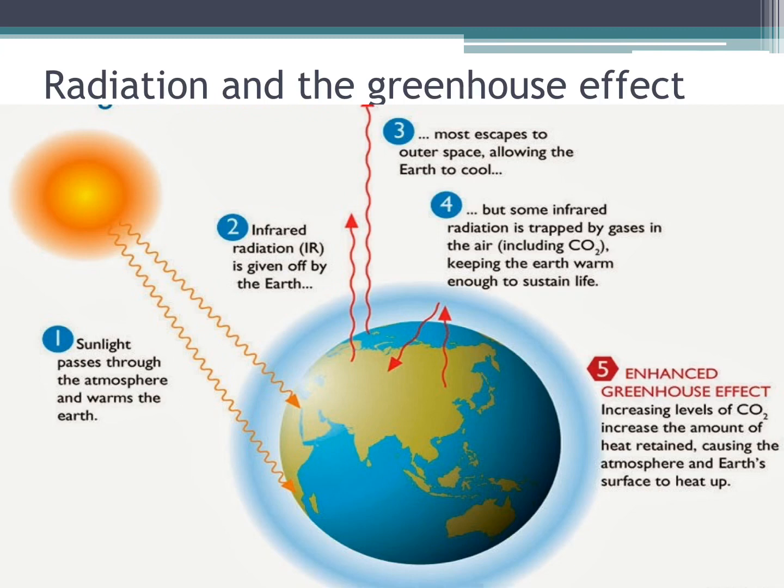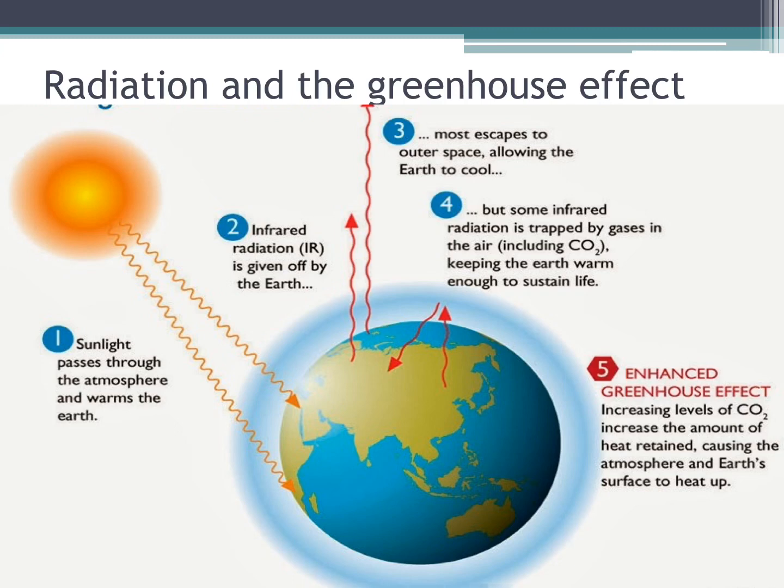The diagram in front of you shows how the greenhouse effect happens. First, visible light passes through the atmosphere and reaches the Earth, or you can say heats the Earth. Infrared radiation, IR, is given off by the Earth, or you can say the Earth radiates infrared waves.